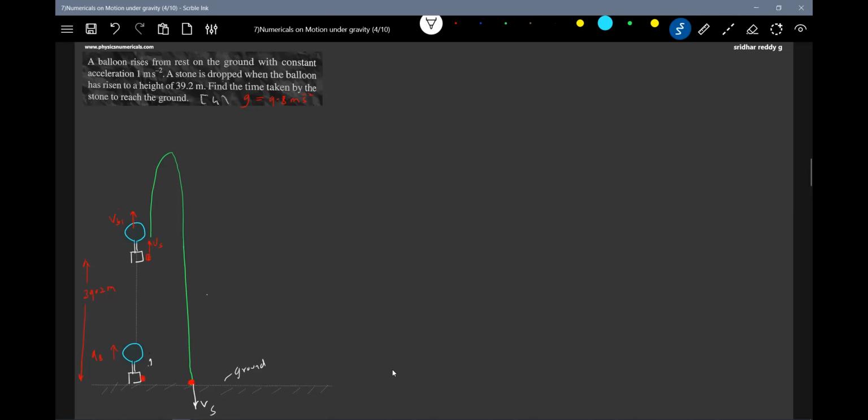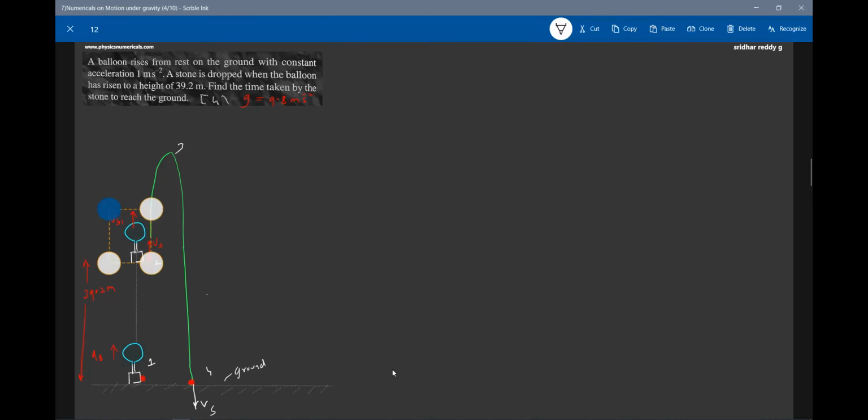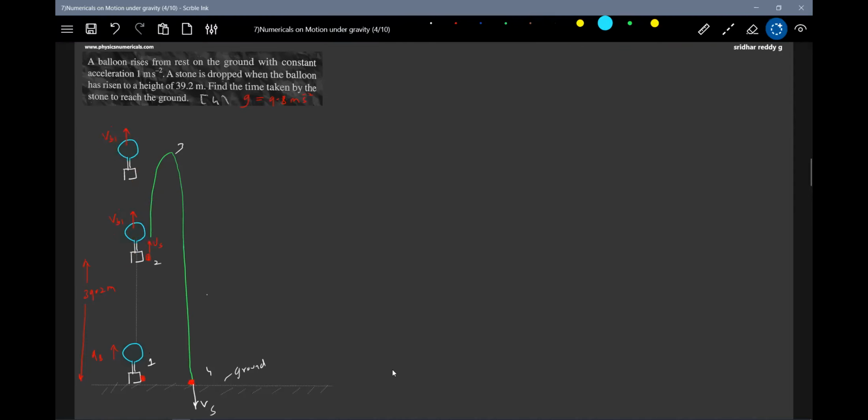So let me call these 1, 2, 3, this is 4. Where the balloon will keep on ascending. The balloon will continue its accelerated motion, and somewhere it is here. It will have some velocity, say VB2. Further, it will be at a certain height.